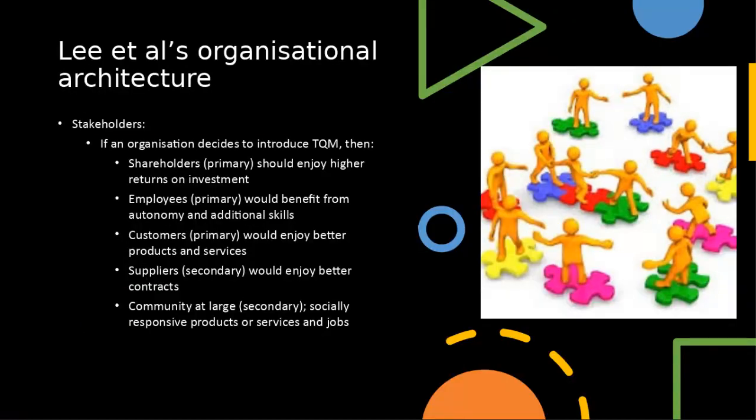So if we look at the stakeholders here, what they've decided to do is just to give us an example of how stakeholders are impacted. They used TQM. You now know what TQM is, the introduction in terms of TQM and how that would impact the various stakeholders.